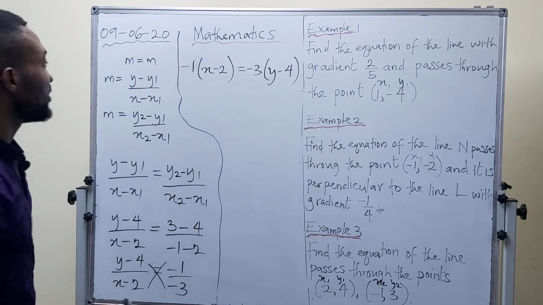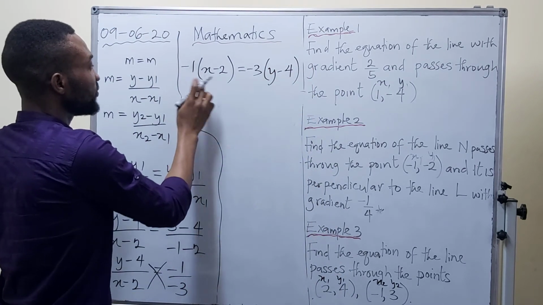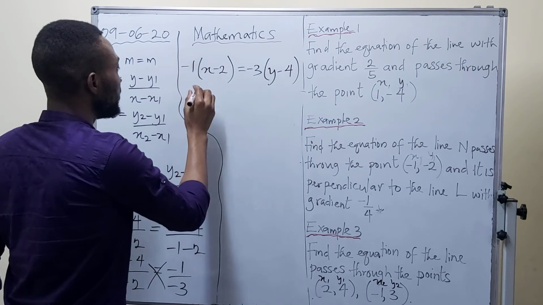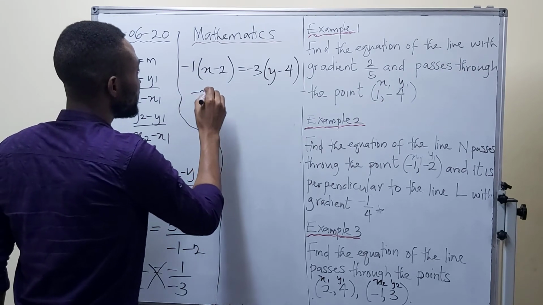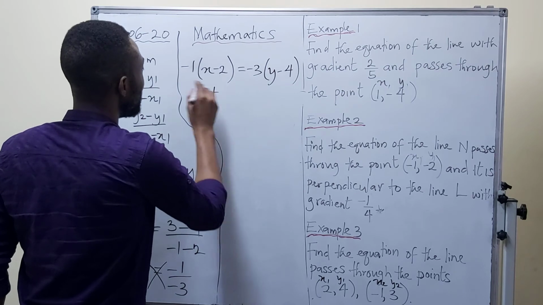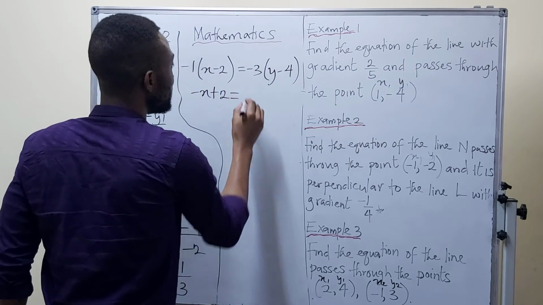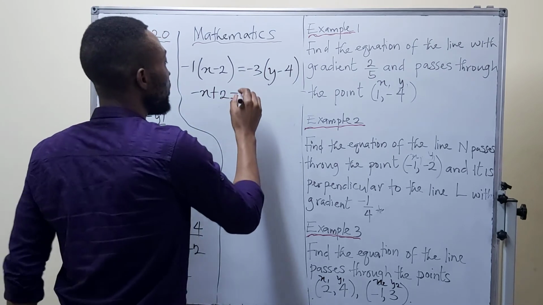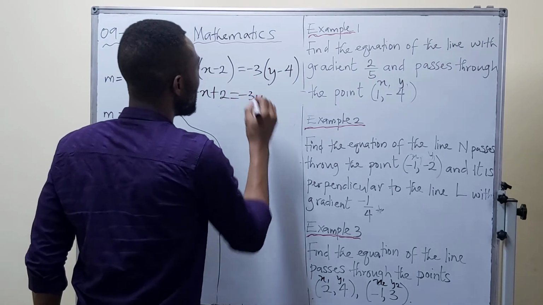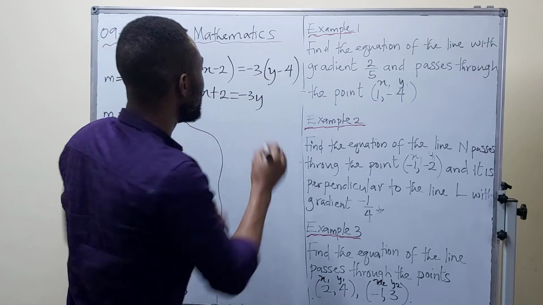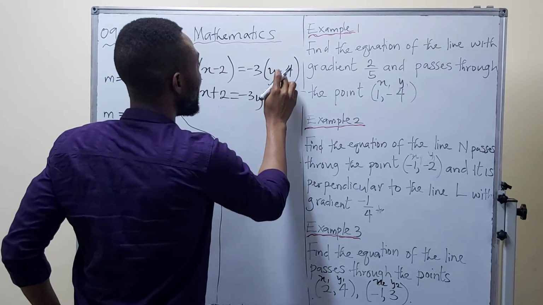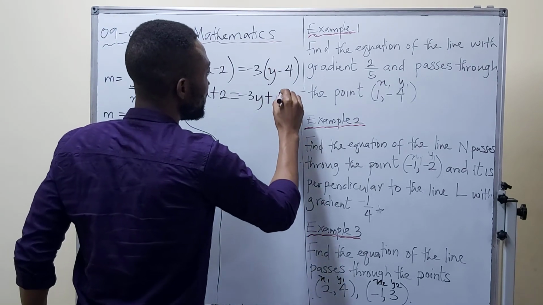If I use minus 1 to open this bracket, I will have minus x, and minus times minus will give me plus 2. Minus 3 times y gives me minus 3y, and minus times minus gives me plus 3 times 4, which will always give me 12.